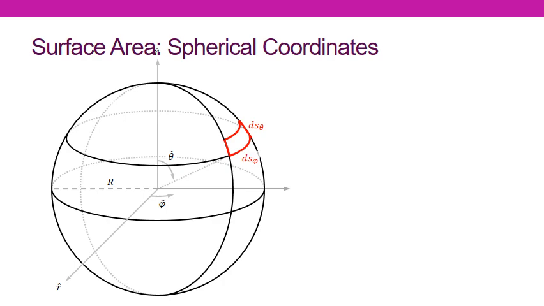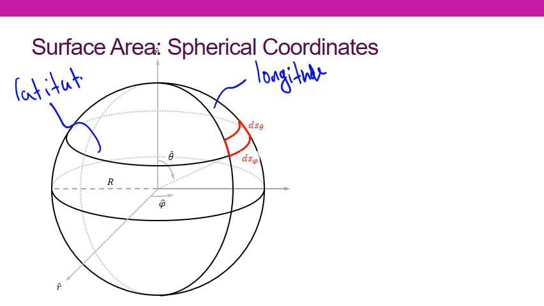So this is a line of longitude, and this is a line of latitude. And so in one case we have a big circle.